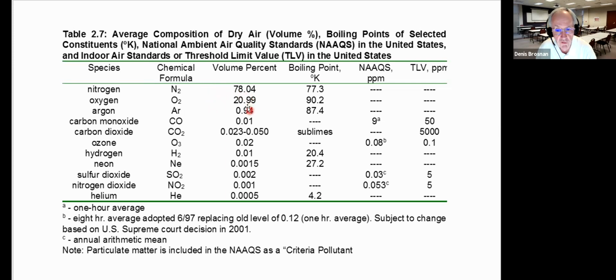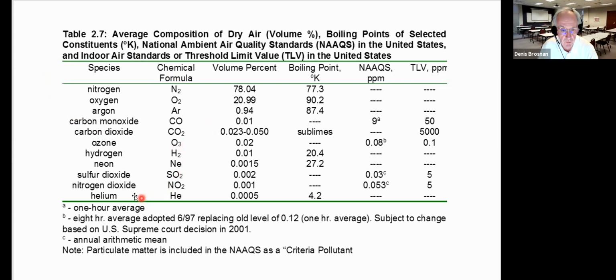Now, the ratio of nitrogen to oxygen is very important. On the surface of the earth, we're very glad that nitrogen is there, because if we had very large percentages of oxygen in the air, fire intensity would be very high of fuels, and we could have a great difficulty controlling combustion.